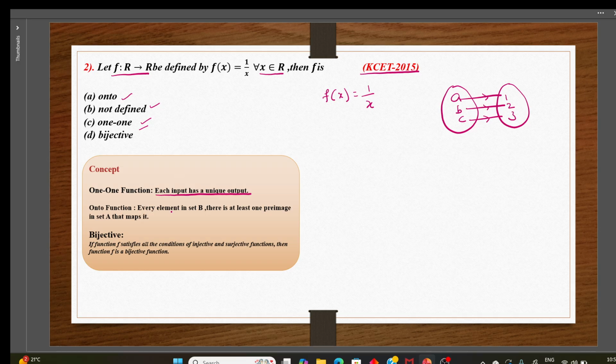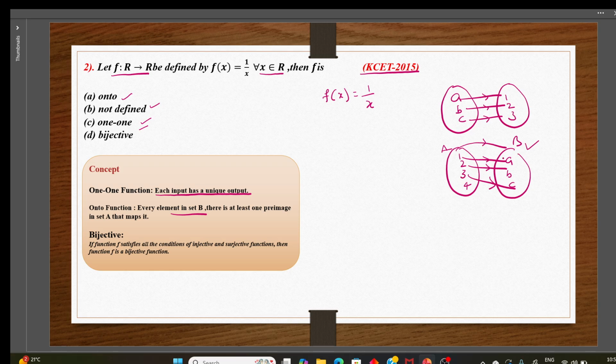Now what is an onto function? For every element in set B, there is at least one pre-image in set A that maps it. For example, set A is A, B, C and set B is 1, 2, 3. Every element in set B has at least one pre-image, since every element A, B, C is mapped with 1, 2, 3.